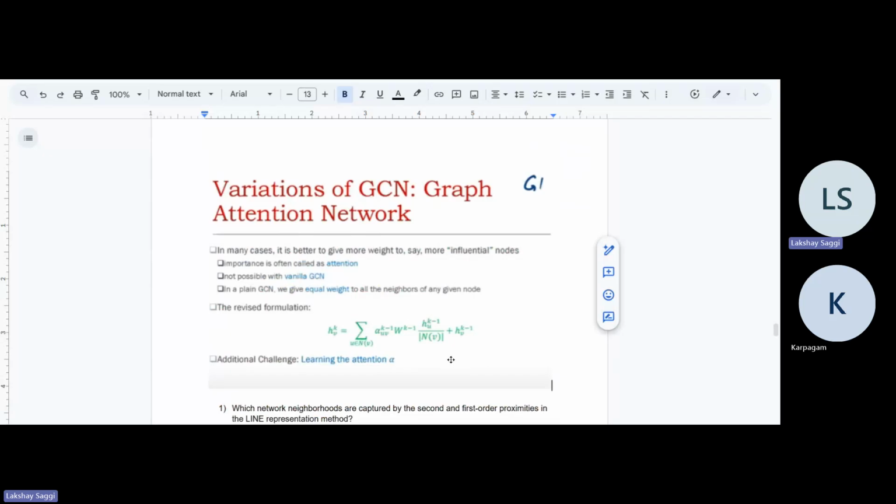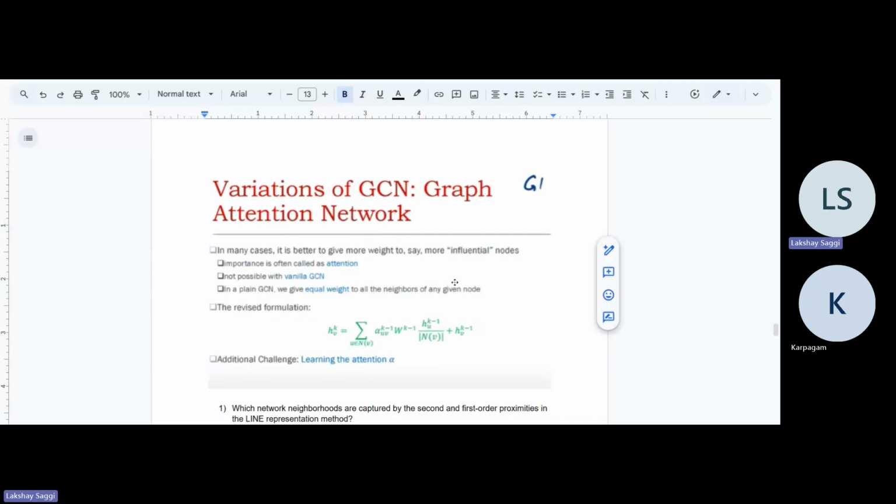Now note that there is a further complication in this network. Other than just these H's, you also need to know these parameter alphas. One can obviously just simply pick these alpha parameters. In the vanilla GCN, you have these alpha parameters as one. But fixing these alpha parameters to some specific values is a very bad way to go about things.